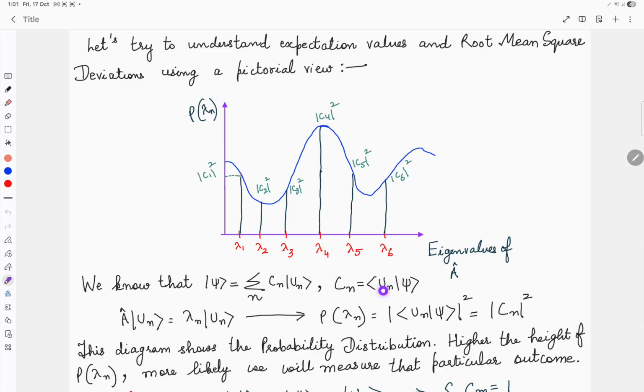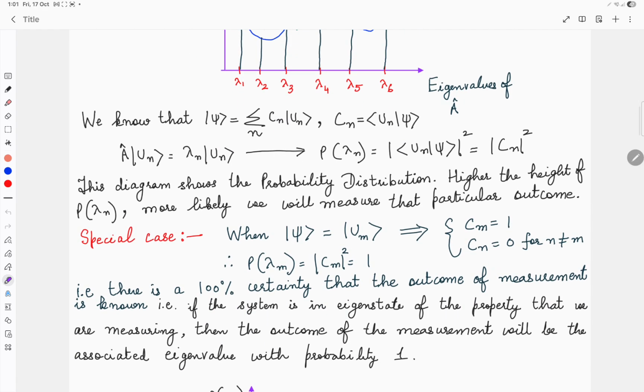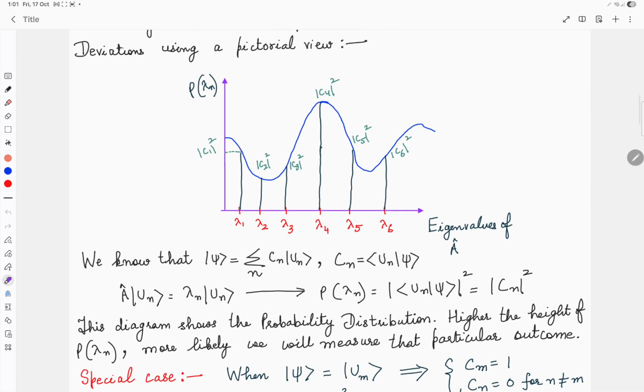Here un is the eigenvector corresponding to that eigenvalue. I'm just trying to explain that the probability of any eigenvalue lambda n is equal to the magnitude squared of the expansion coefficient Cn.